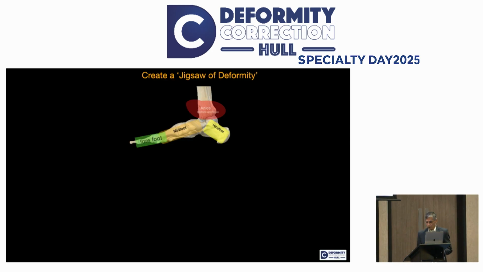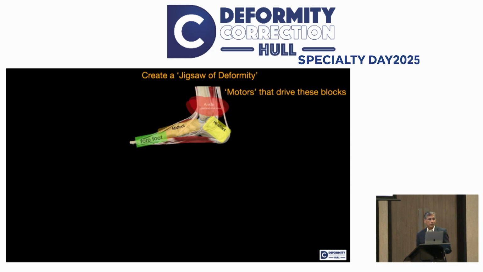So I look at the foot this way. It's a beautiful structure, and all these blocks. So there are 4 blocks, and on top of it, the hidden block is the soft tissue.